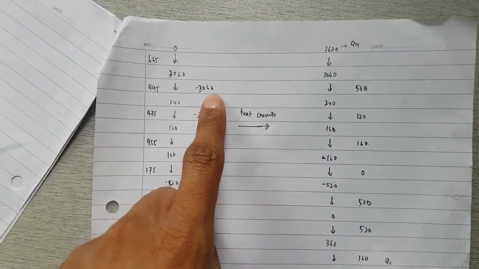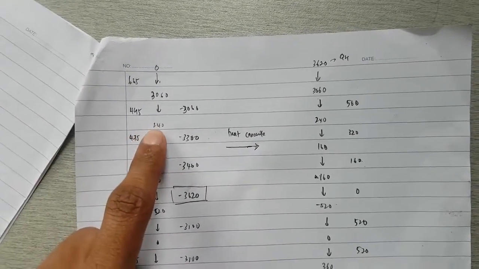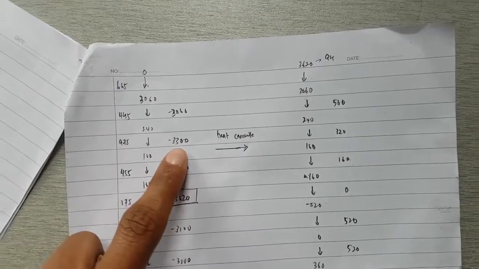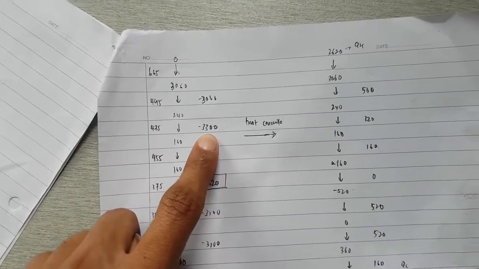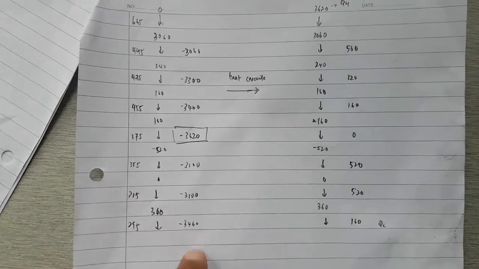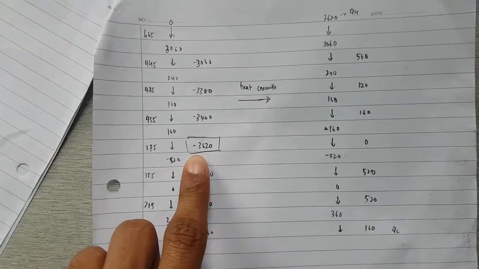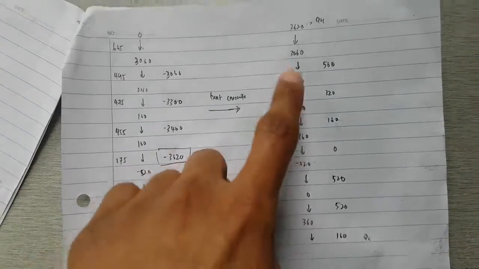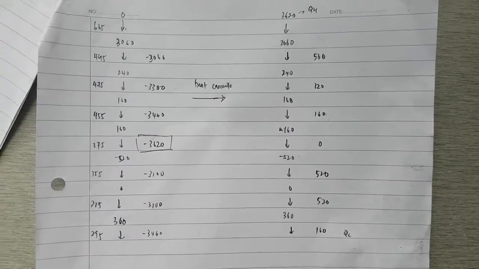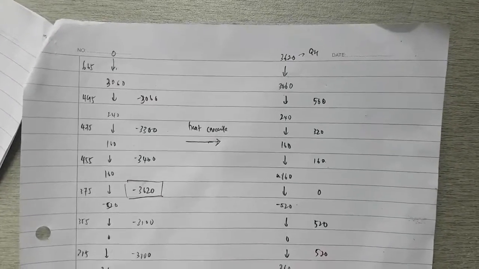And this accumulated enthalpy will later be subtracted with 240 for the next temperature interval to obtain negative 3300. And this goes on until you obtain the most negative value for the heat cascade. And this most negative value will later be shifted to the next heat cascade to identify the pinch point.